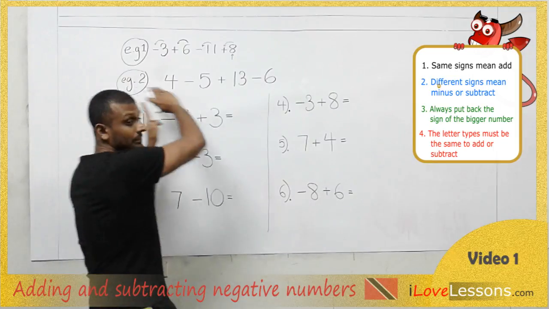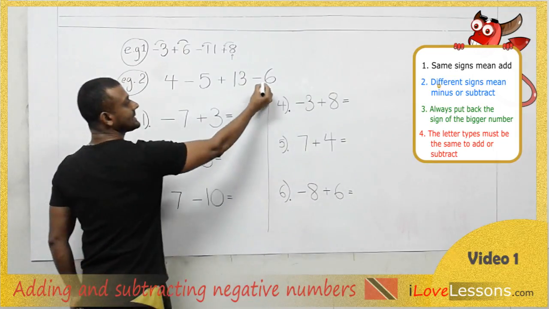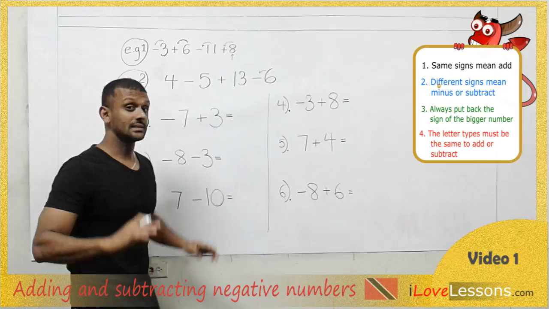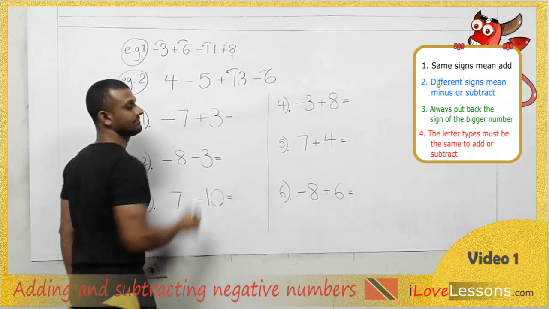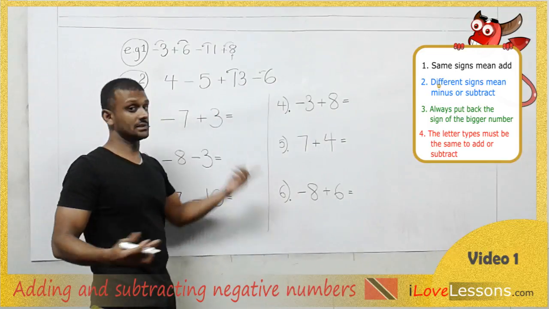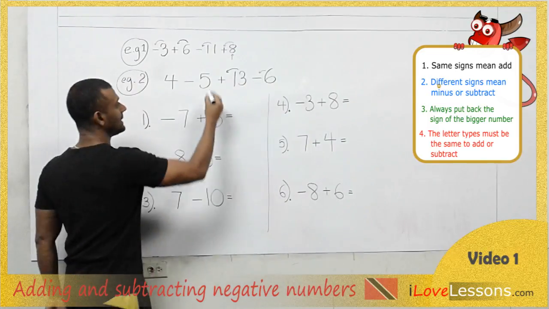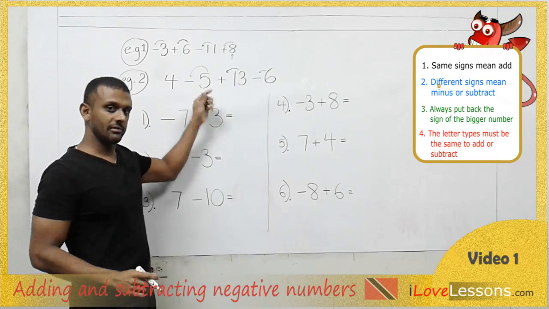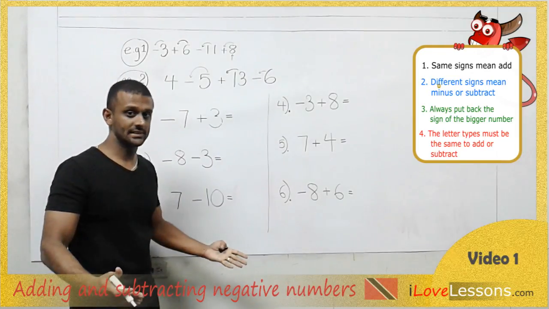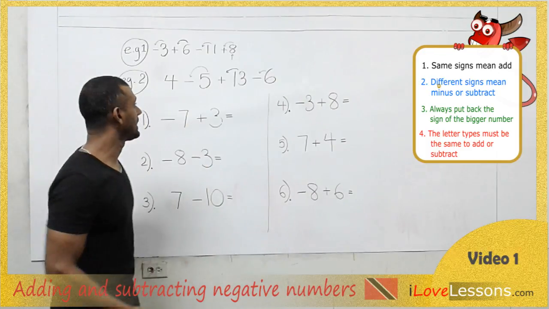Now let's look at example 2. This 6, you look to the left, it is clearly negative, so that's negative 6. This 13, a positive sign to the left, so that's positive 13. And look at Mr. minus 5 here. Minus 5. When we look to the left, we see a negative sign, so it's minus 5.